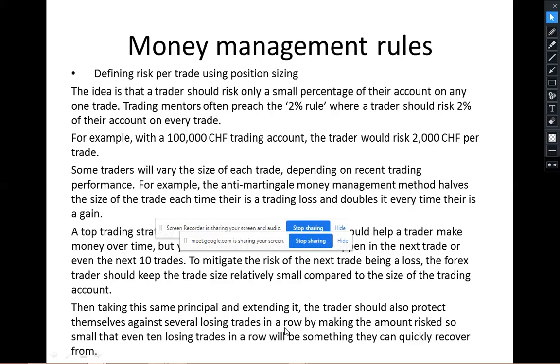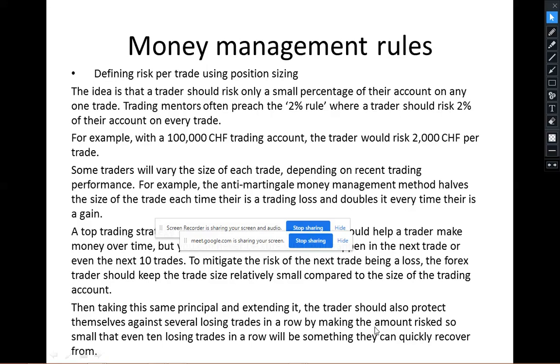This is just a word for us beginners. When you have 10 losses in a row, you should know the amount of money you want to risk, so that even these 10 losses you can recover. You can also recover these 10 losses and make a profit out of it.